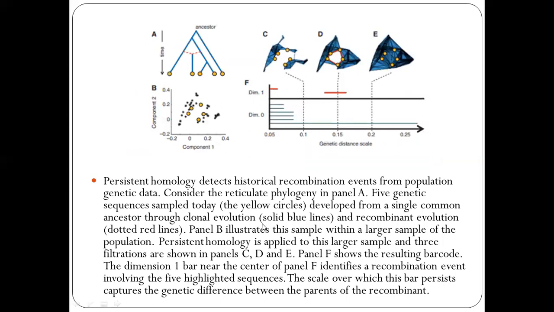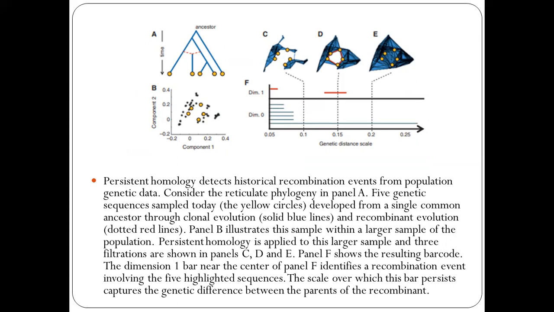Next, we have persistent homology and what we studied so far. Persistent homology detects historical recombination events from population genetic data.